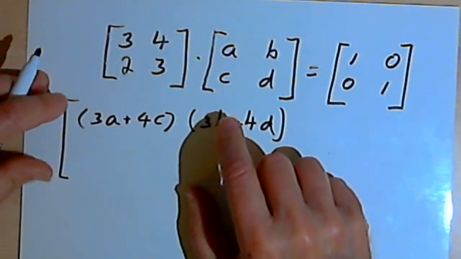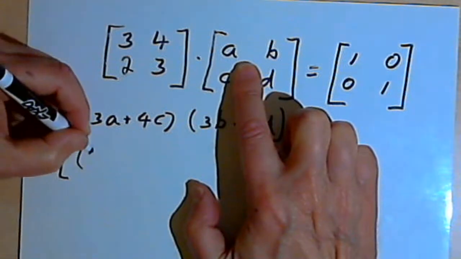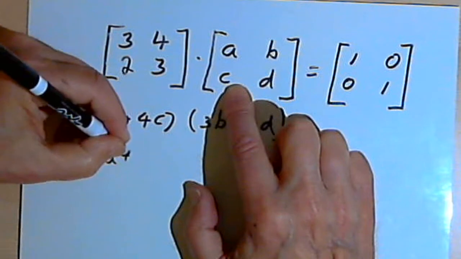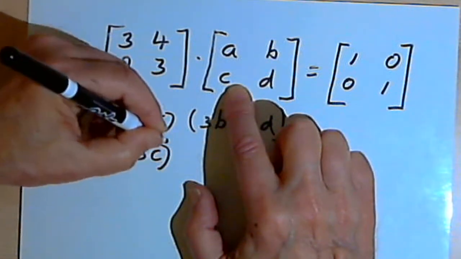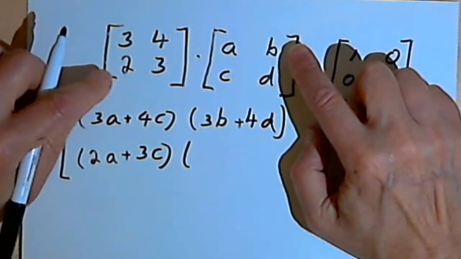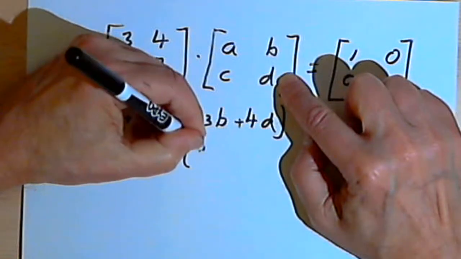Going down to the second row, first column, I'm going to have 2A plus 3C. And my last element, second row, second column, is going to be 2B plus 3D.